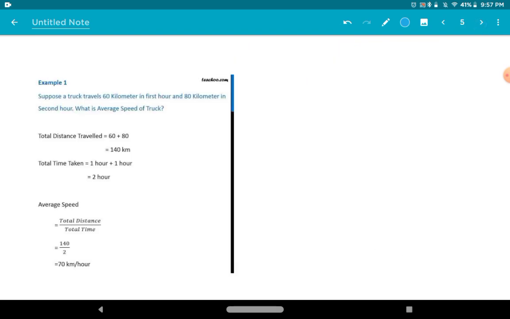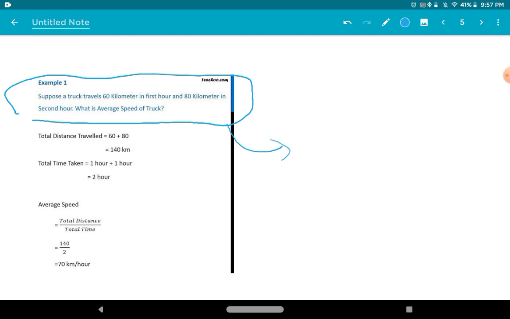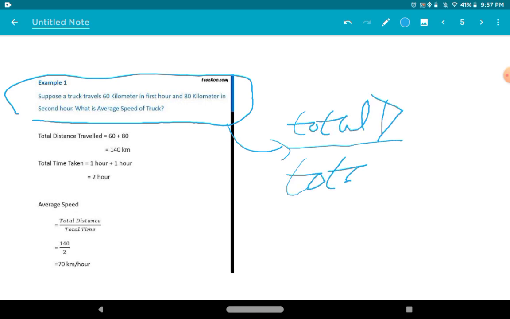So let's move to the next question. Our next question, for average speed, is: suppose a truck travels 60 kilometers in the first hour and 80 kilometers in the second hour. What is the average speed of the truck? The formula for average speed is total distance upon total time.